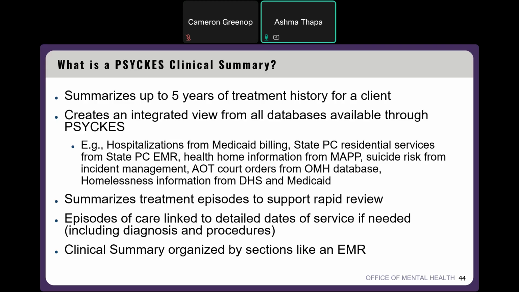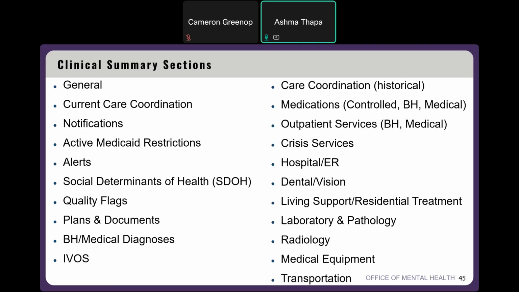Let's see what sections are included in the clinical summary. I'm not going to go through all of these, but here is a list of every single summary section that we have. We have general section, notification sections, alert section, quality flag section, crisis services section, hospital ER sections. Here's a full list of different sections that you will find in the clinical summary.